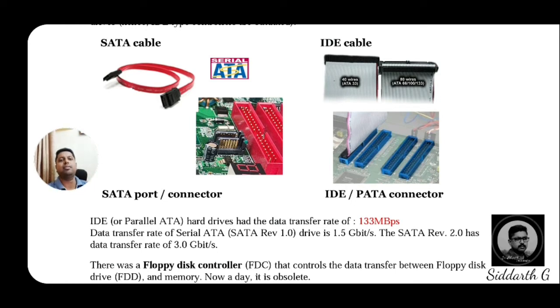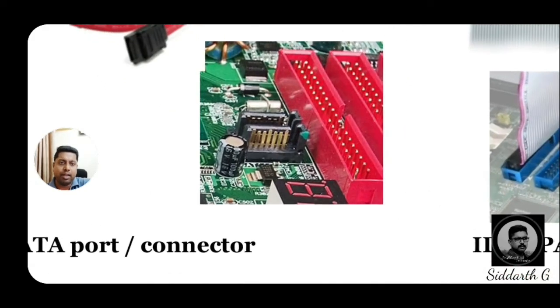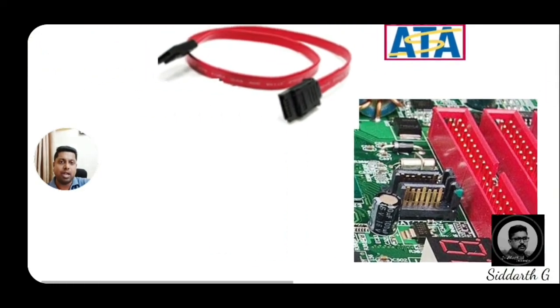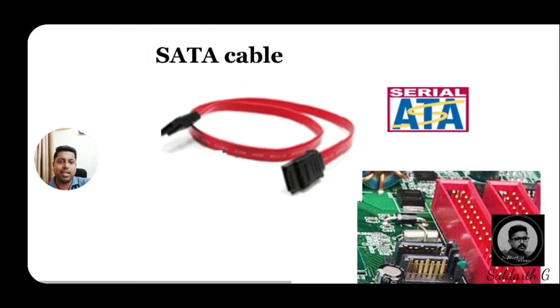That cable is called a SATA cable, and the part where you connect this cable is what we call the SATA connector or ATA serial connector. This is what we call the ATA connectors, and this is what we call the SATA cable.